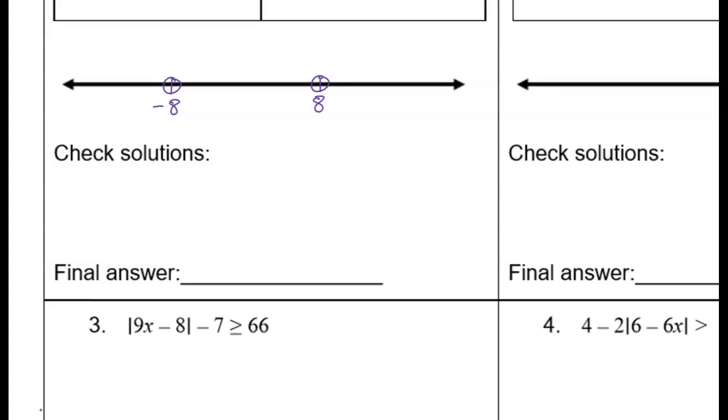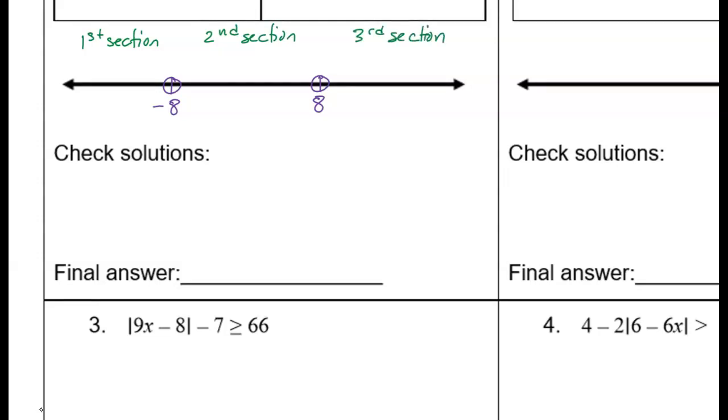Now, if you look at this number line, notice that there are actually 3 separate sections. There's the first section on the left, the second section in the middle, and the third section all the way on the right.